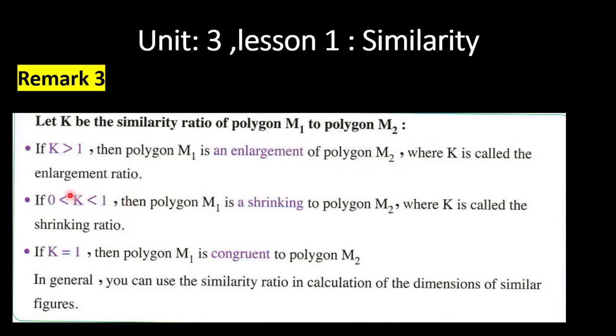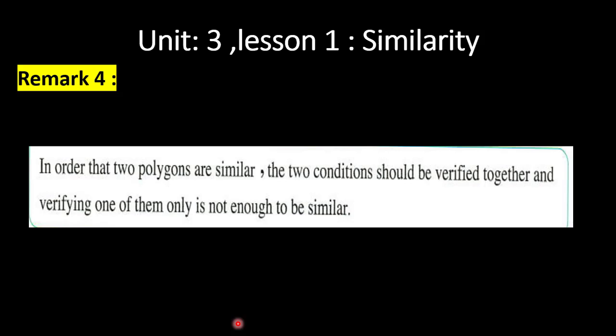If K is greater than 0 but less than 1, it means that polygon M1 is a shrinking or minimizing of polygon M2, and in this case we call K the shrinking ratio. What if K equals 1? If K equals 1, it means that the corresponding sides are equal, so the two polygons are congruent. So polygon M1 is congruent to polygon M2.